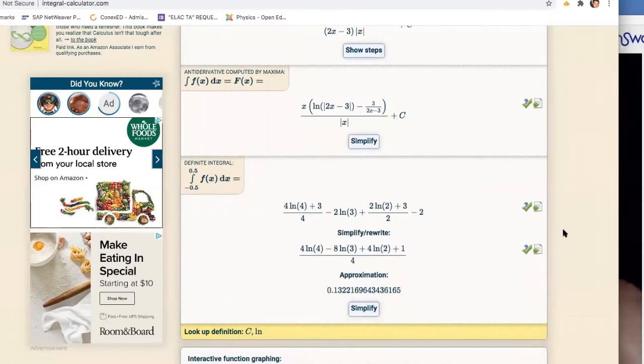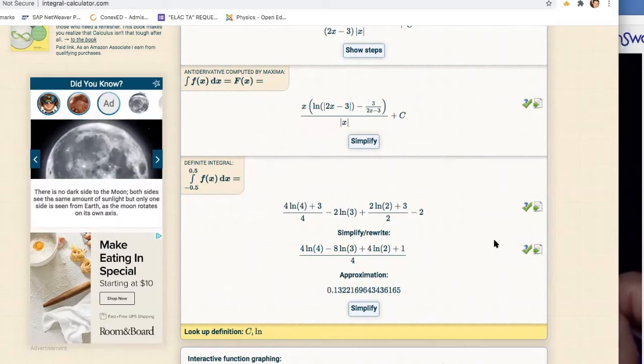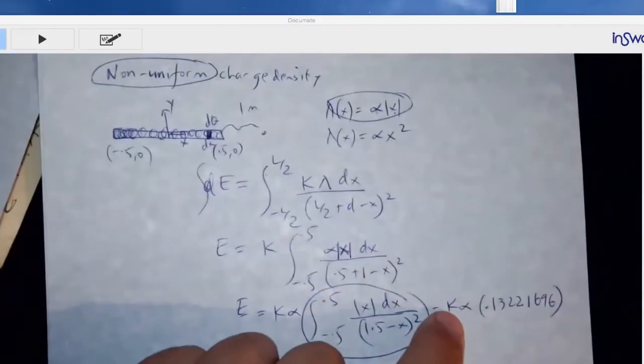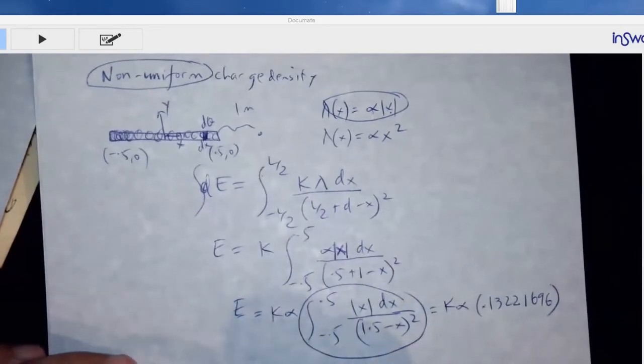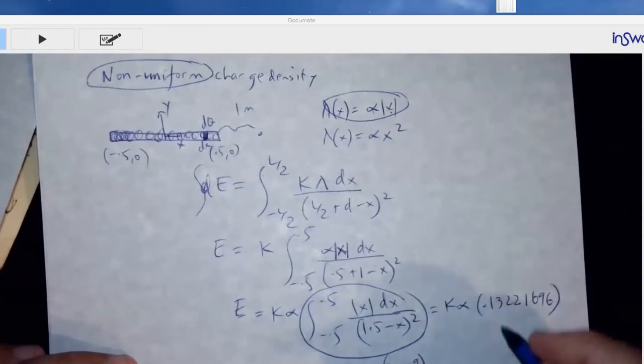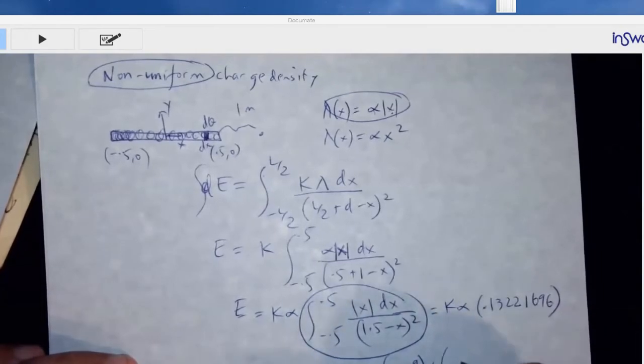Okay, so 0.13221696. Okay. Then the k is the 9 times 10 to the 9th times alpha times that number.